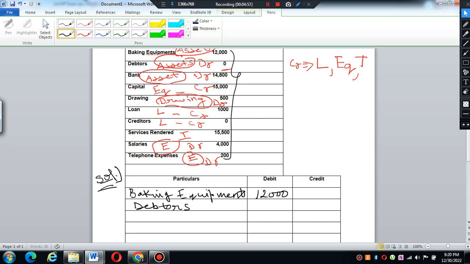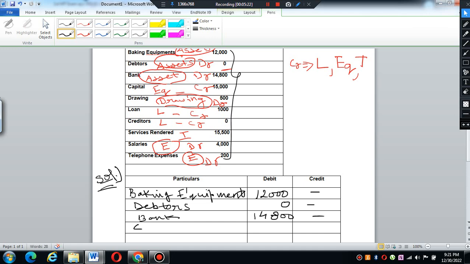In the exam you will have to do just like this. Debtors is also an asset, so on the debit side the amount is 0, and on the credit side you write nothing. Bank is also an asset, the amount is 14,800.